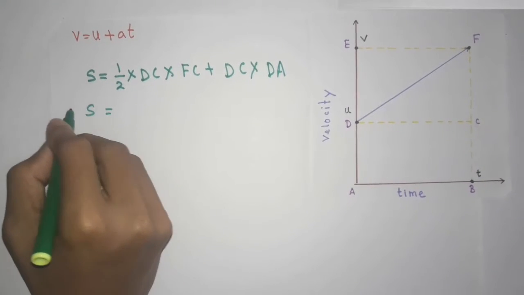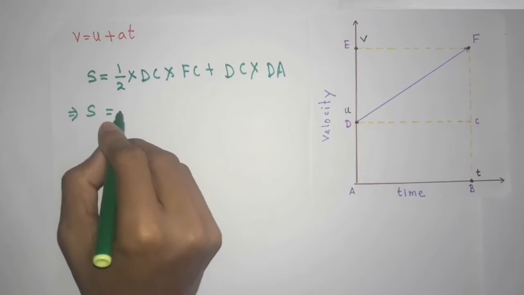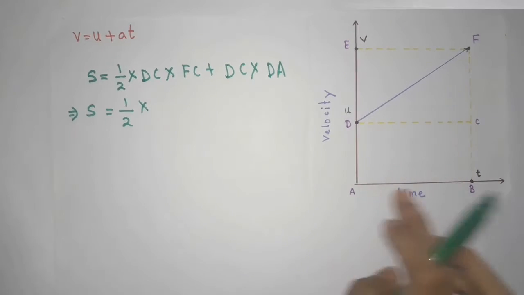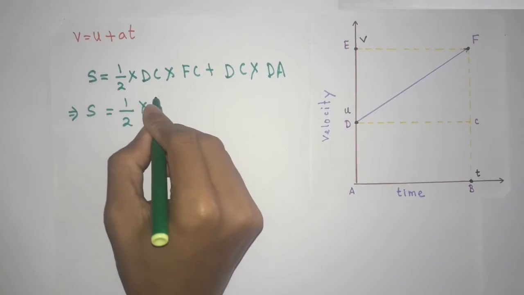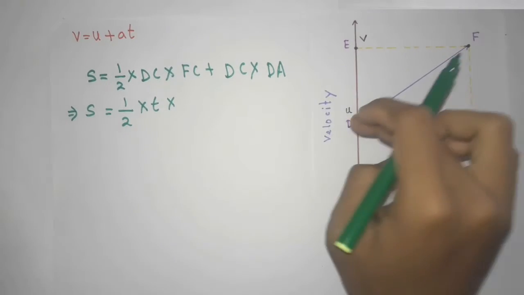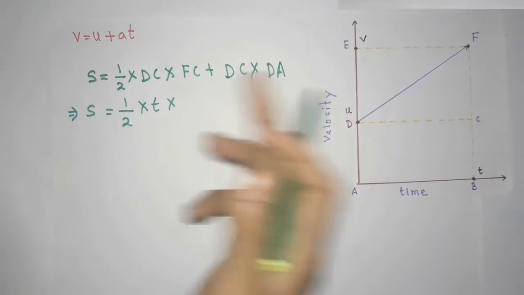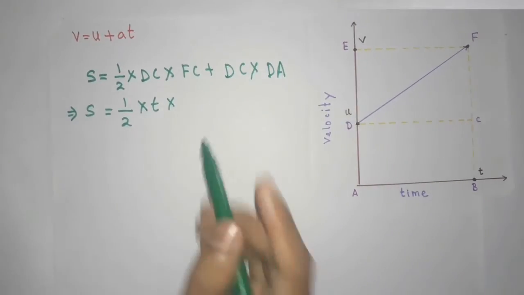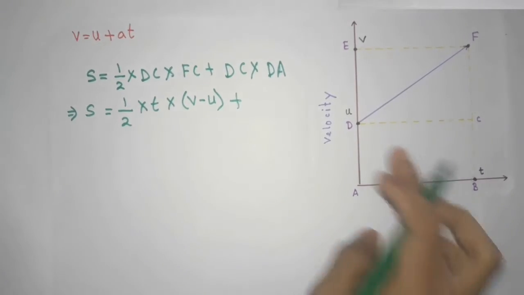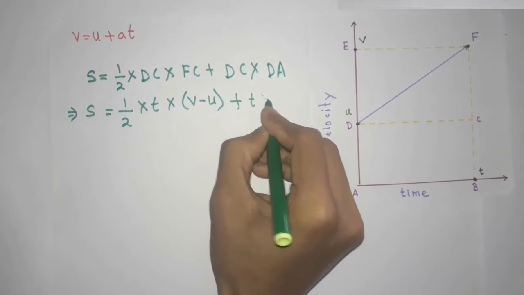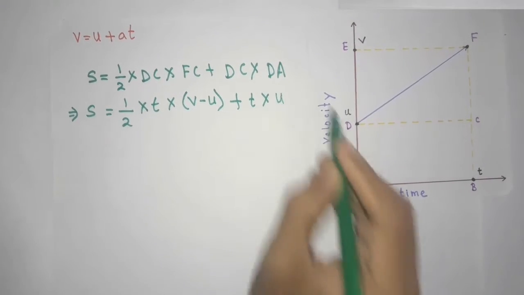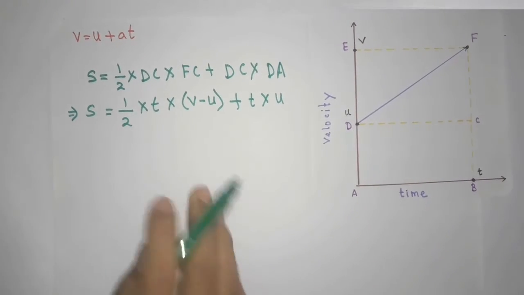This implies half into DC, and DC is equal to AB, so it is t, into FC. FC is DE, and DE is, as before, v minus u. Plus DC, which is again t, into DA, and DA is equal to u.